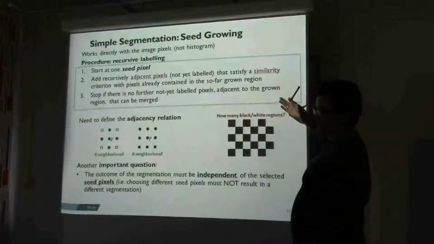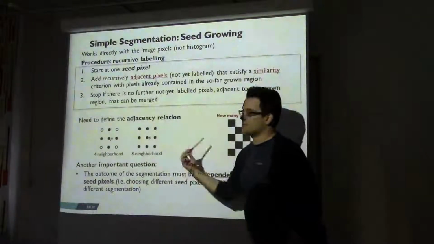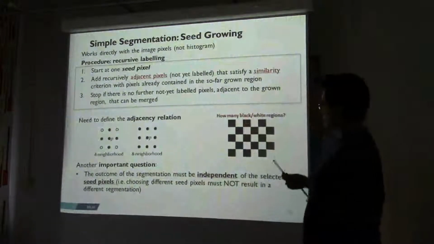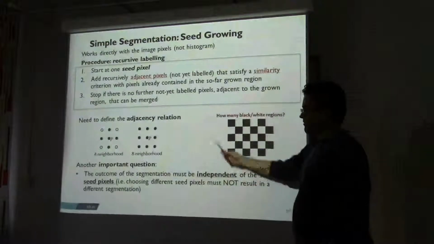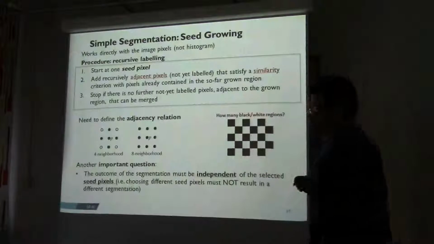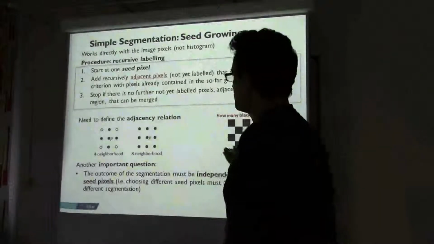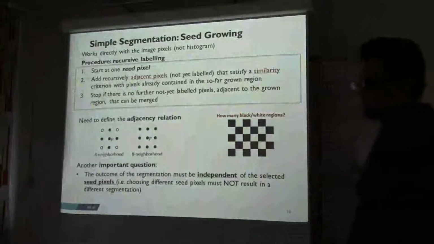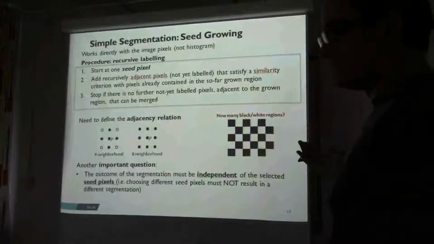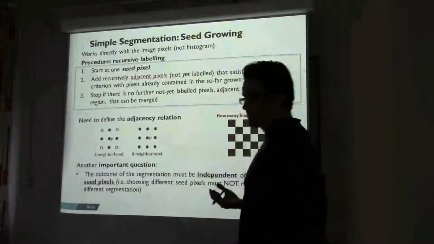So if you apply segmentation based on this, depending on which relation you want to use, you will get here one black region or as many regions as different pixels. And which relation you should use? No answer. It depends. But you have to be conscious that you will get different results.